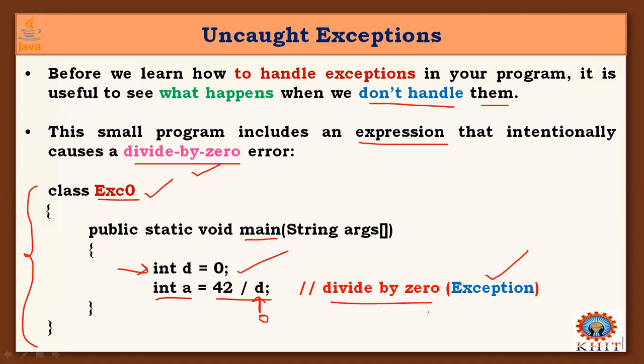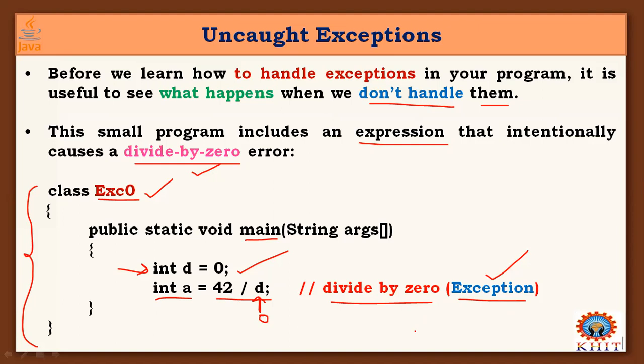This is related to ArithmeticException, a runtime error. It doesn't allow you to create such an expression as an instruction in your programs, so 100% it generates an exception, a runtime error. This case is not considered a compile time error.